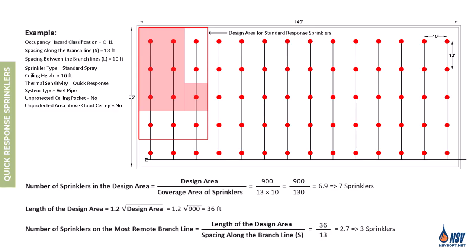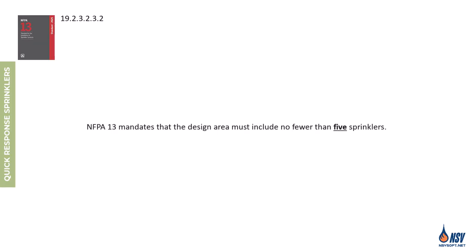Altogether, these adjustments lead to a more efficient system and significantly lower installation and operational costs. As a final note in the design area adjustment for quick response sprinklers, the standard clearly states that the number of sprinklers in the design area shall never be fewer than 5.